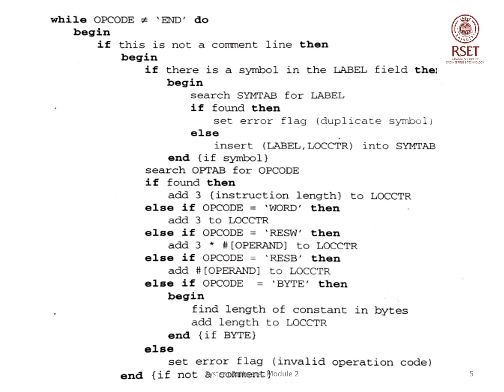Now what happens if it is none of this? It means the user has written something which does not belong to the instruction set of the machine. So it is an error. You can flag the error and say that it is an invalid operation code. This goes on for all the lines of code till you encounter END.